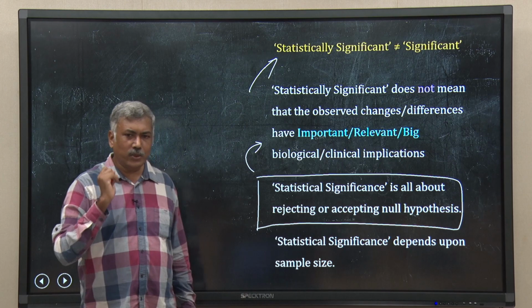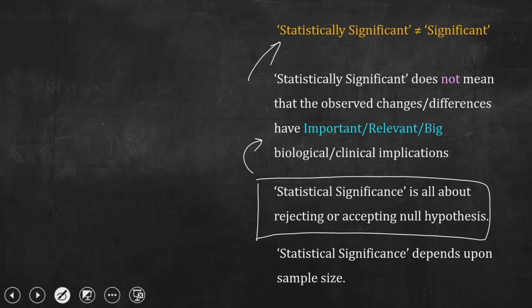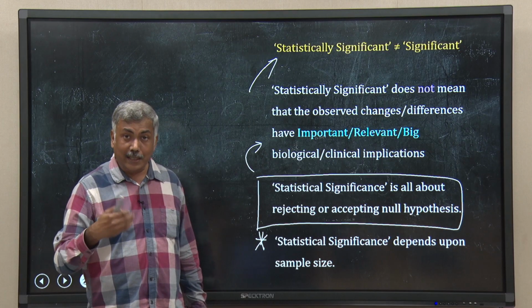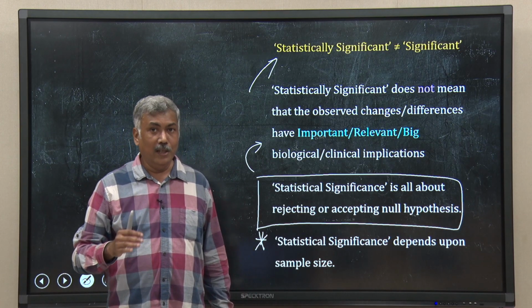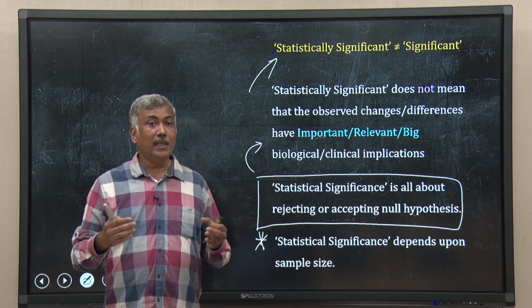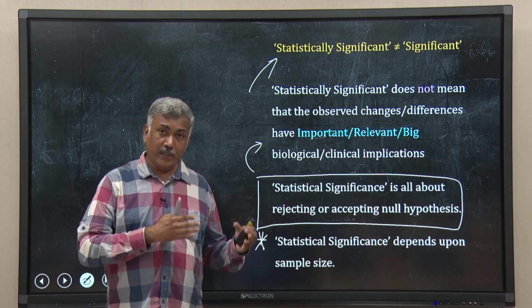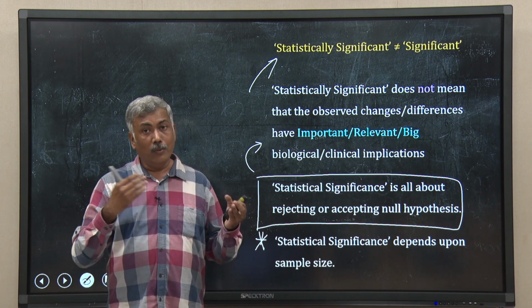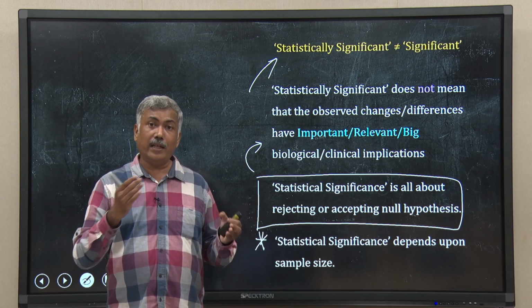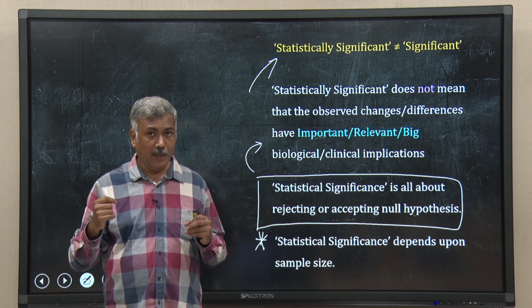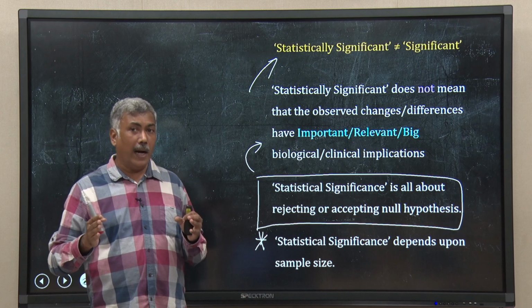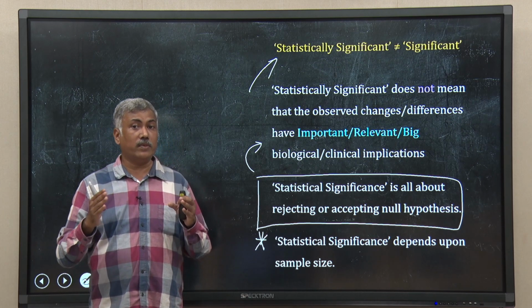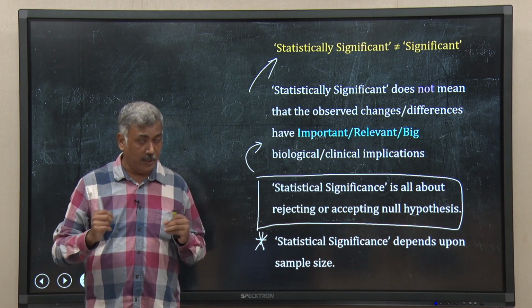And the last one is that many a time we forget that the result of a statistical test of significance depends upon the sample size. So, if your sample size is large in one case and small in another, in the same experiment, one will be statistically insignificant and the result of the other will be statistically significant. So, there are lots of ifs and buts in the use of tests of statistical significance or tests of hypothesis.